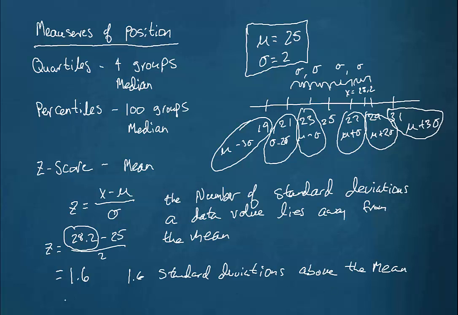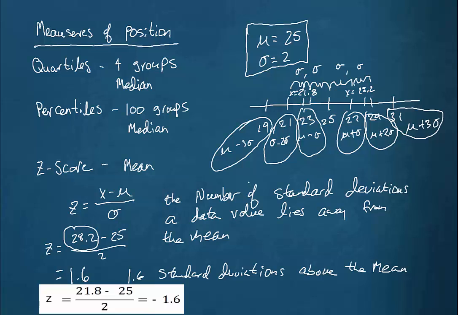So now let's think about the x value 21.8. Okay, so the z value there, the z-score for the data value 21.8, we'd find by x minus mu over sigma, which would give us minus 1.6.